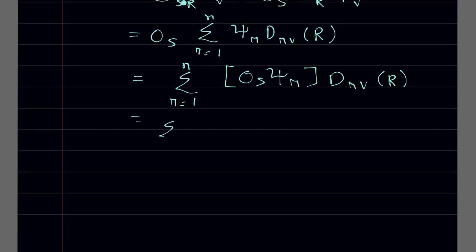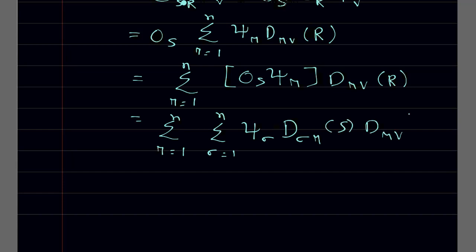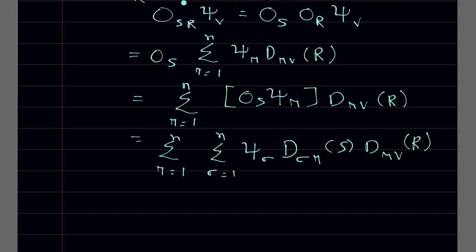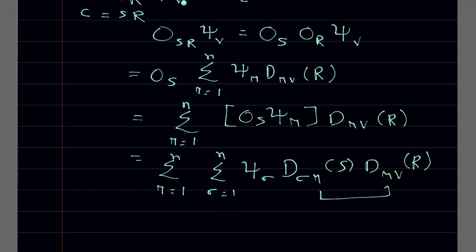And this is quite easy. So 1 to n, I can introduce sigma goes from 1 to n, and this thing will become psi sigma, and there will be a matrix D sigma mu of S and D mu nu of R. Okay, so if the mu is repeating here, that means this is related to the summation.